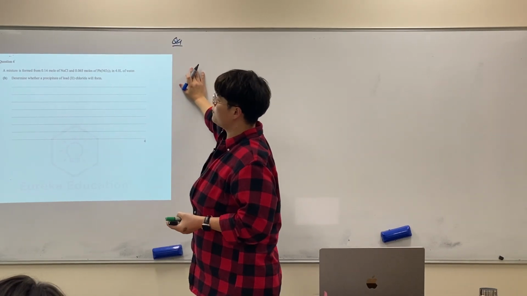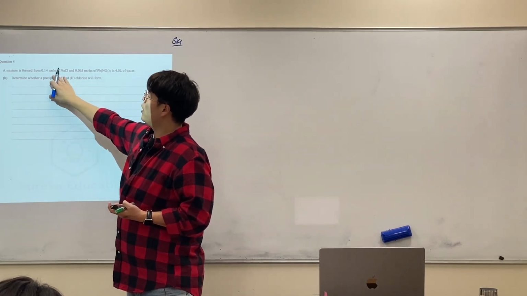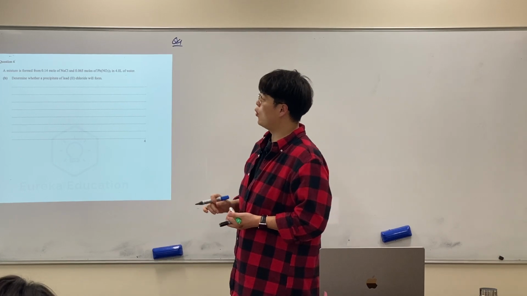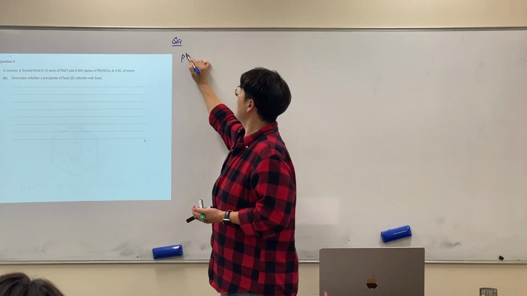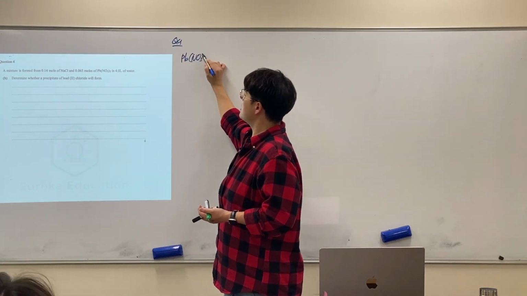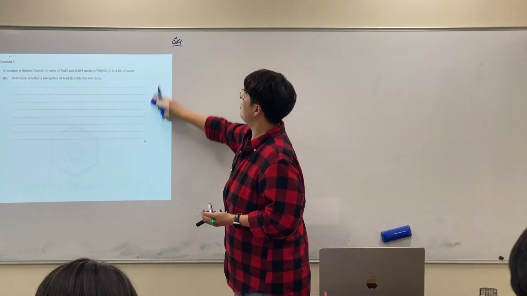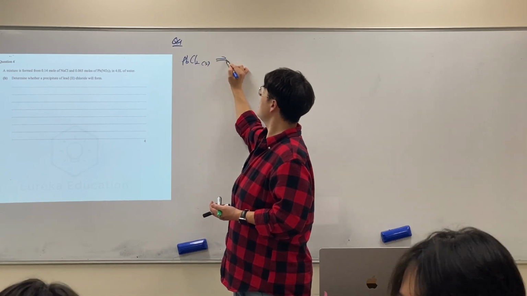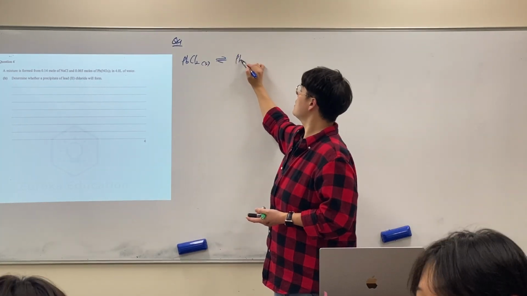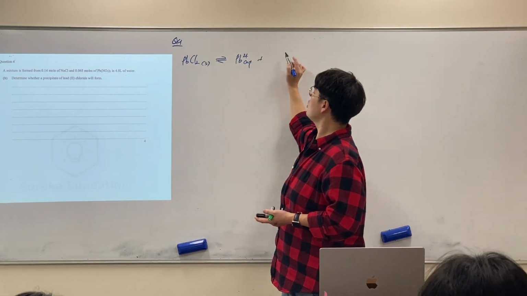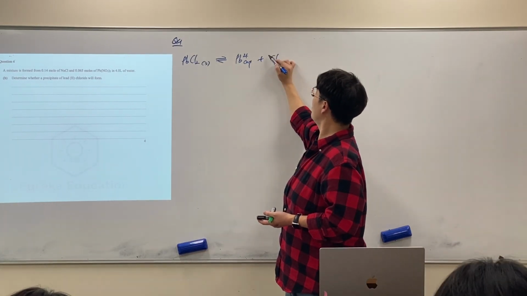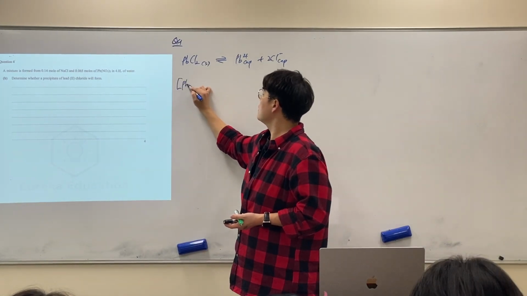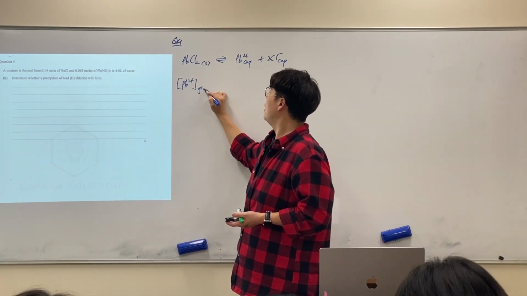We have a mixture formed from 0.14 mole of sodium chloride and 0.065 moles of lead nitrate in 4 liters of water. So what we have now is lead chloride solid dissolving in the form of lead aqueous plus chloride. Let's find the concentration of the given lead.